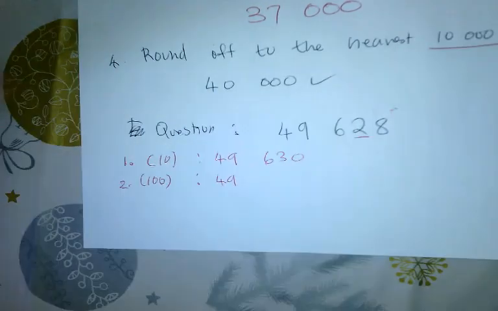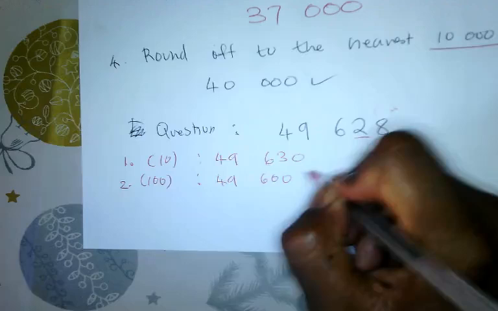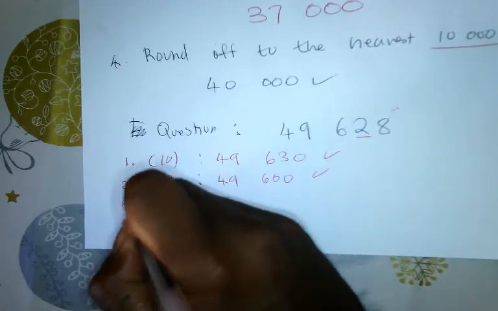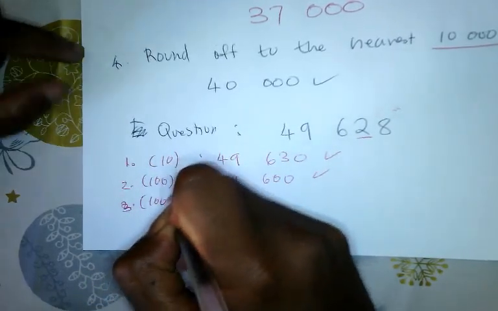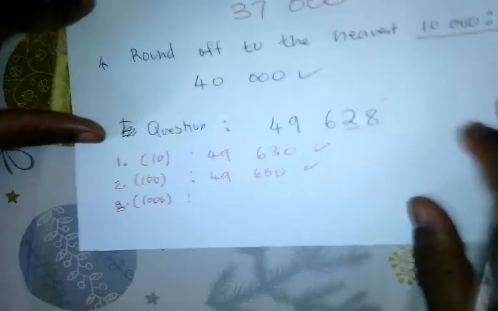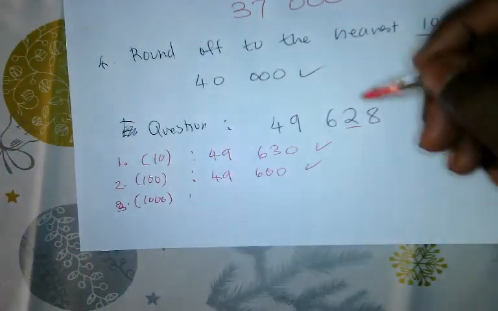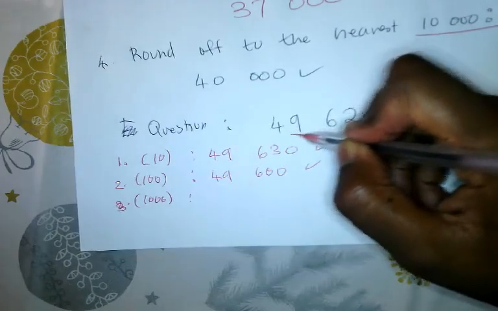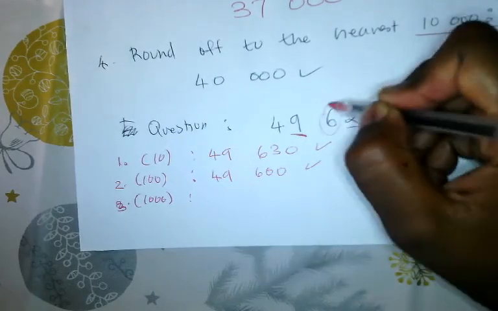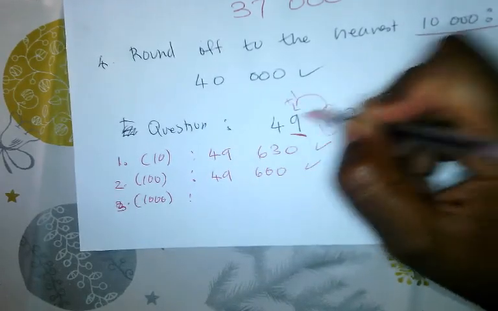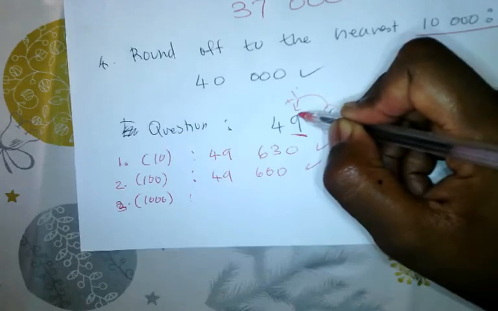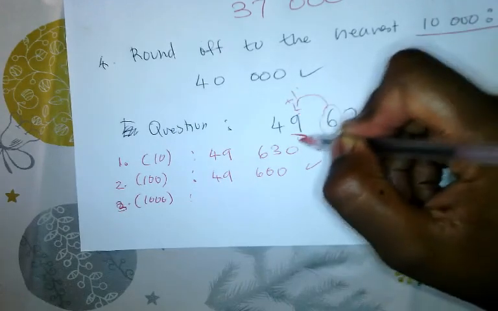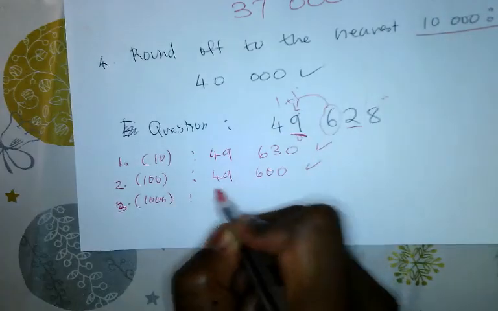Are we all clear? What about the 1,000? 50,000. Why 50,000? Because it's a 9, right? We're here by the 9. This number adds 1 to the 9. 9 plus 1 is how much? 10. So we put 0, carry over the 1. So it becomes 50,000. Do you all agree?